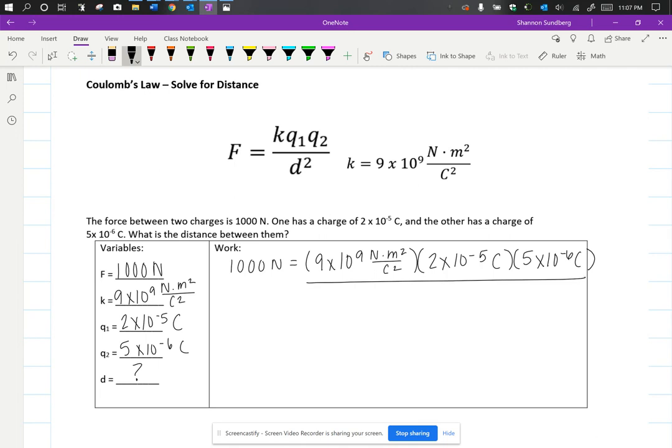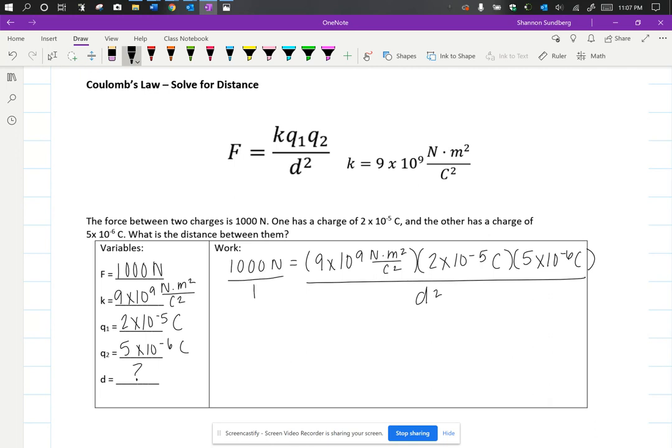All over distance squared. You might be thinking to yourself, oh man, this is a hot mess. My variable that I'm looking for is in the denominator. This is bad. It's not bad. The easiest way to pull that denominator out is to just cross multiply. And remember, underneath any whole number is an invisible number 1.